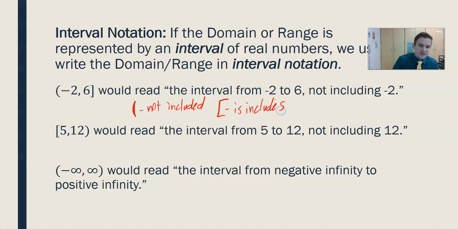So parentheses -2, 6 bracket would read the interval from -2 to 6, not including -2, but including 6. This right here would read the interval from 5 to 12, not including 12, but including 5. We'll see instances here in a minute of where you might see that. And then this right here, for example, -infinity, positive infinity would read the interval from -infinity to positive infinity.